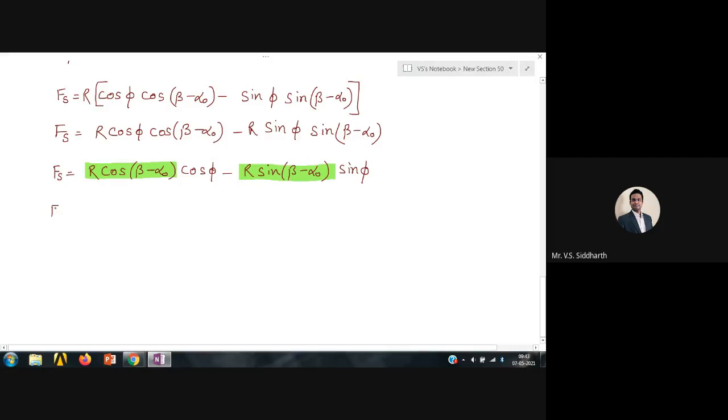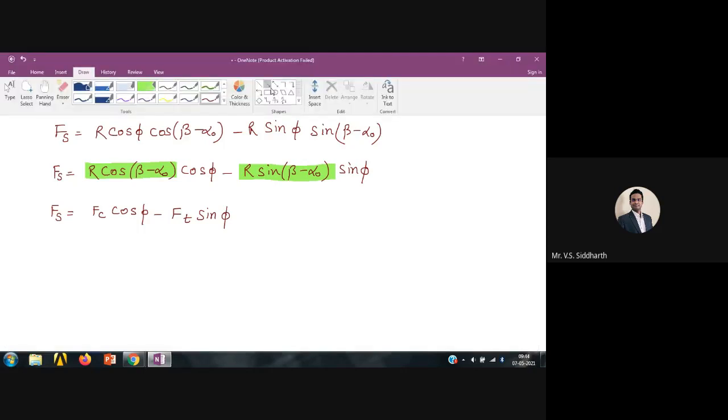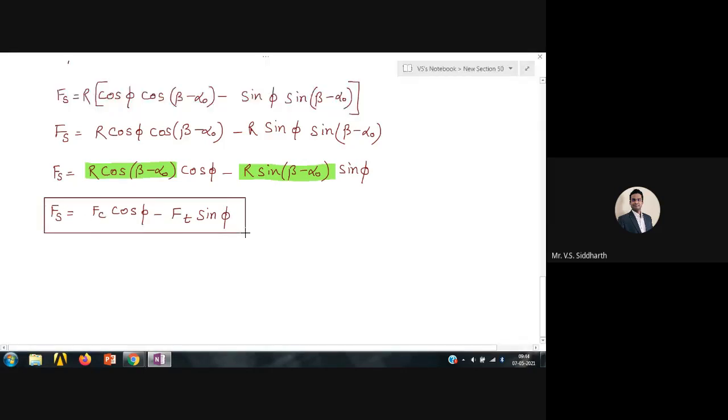So this is Fs equals R cos(beta minus alpha naught), which is nothing but Fc, into cos phi. Sorry, just a minute. Fc cos phi minus Ft sin phi. Okay.